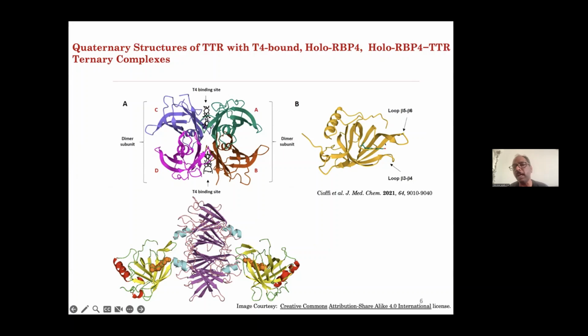The RBP4 forms a complex with the retinol, and this whole complex forms a complex with the TTR. Now, when we design an RBP4 antagonist, these two loops don't come into a favorable position for this binding, and therefore it can block the formation of this tetramer complex.